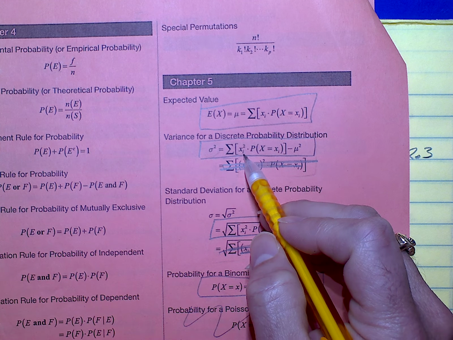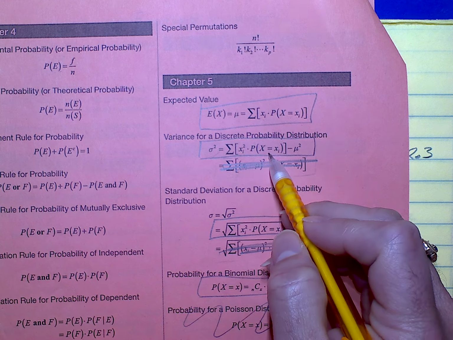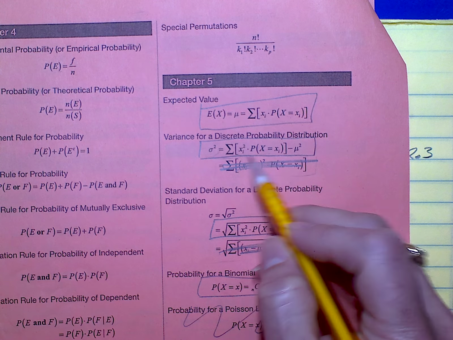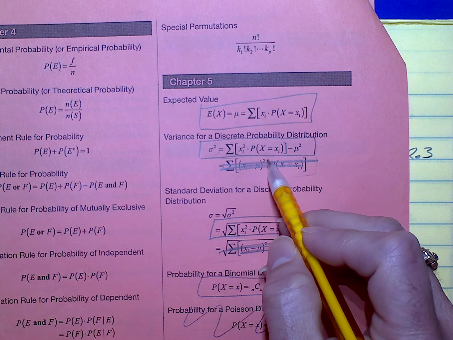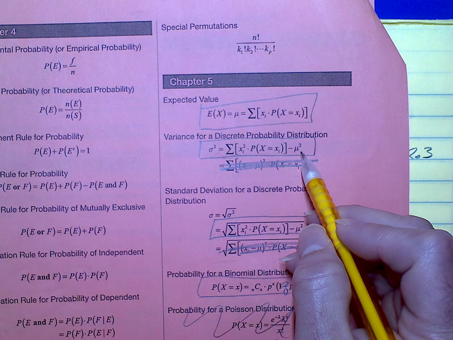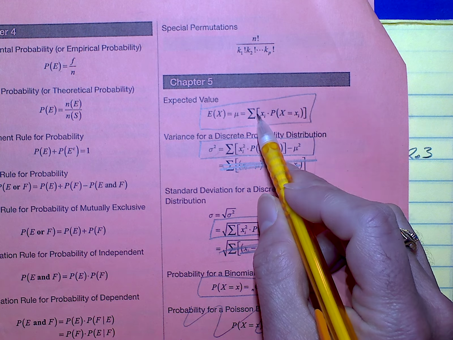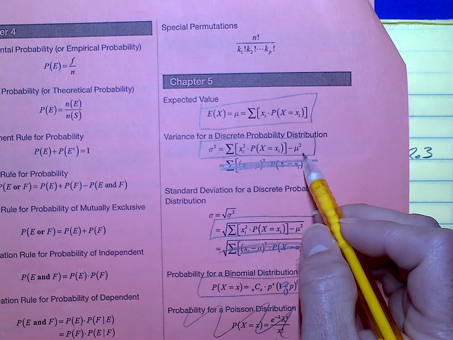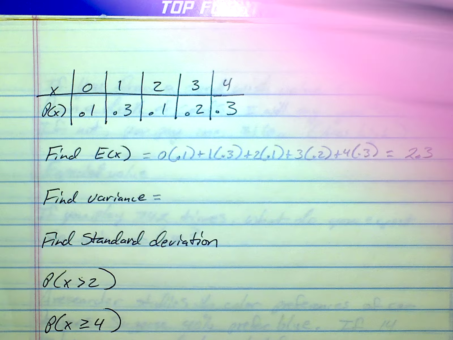We're going to take x squared times its probability, and add up all of those. X squared times the probability, and add them all together. And then when you get that, subtract mu squared, this guy that you just got. Subtract mu squared. Okay, and that's the whole shindig there.